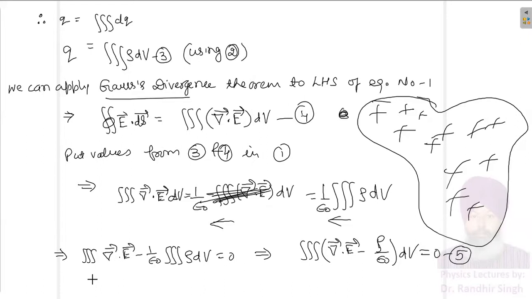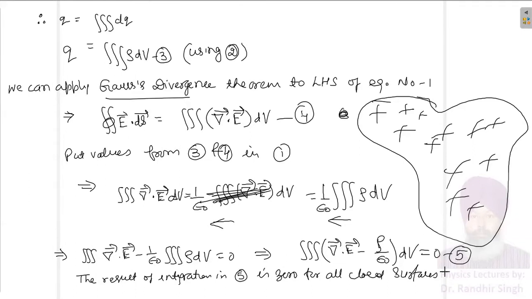So we will give here a statement. I have already used this assertion. We will say the result of integration in equation number 5 is 0 for all closed surfaces of any size or any shape.